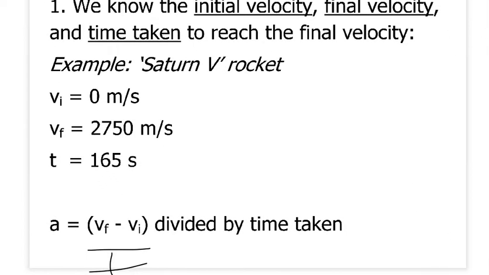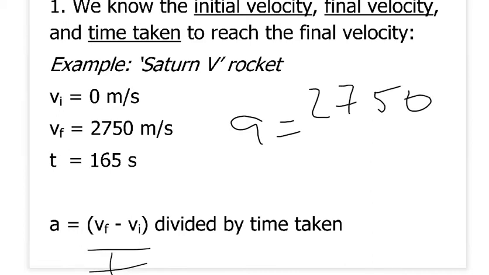All right. So how do we do it? Well, this is an example of real numbers for a real Saturn V rocket. So I got these from Wikipedia and How Stuff Works, those two websites. So how do we do this? Well, we apply the formula. So A is going to equal, and V final is 2,750.